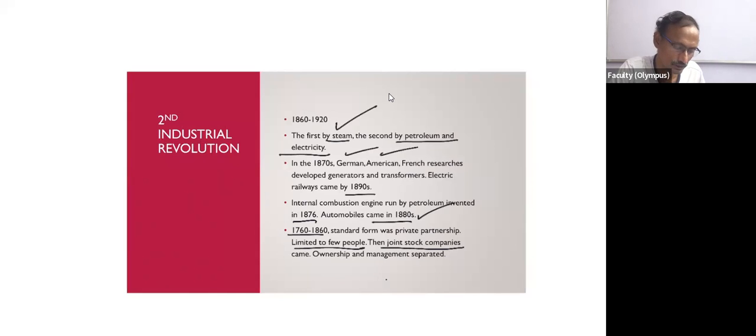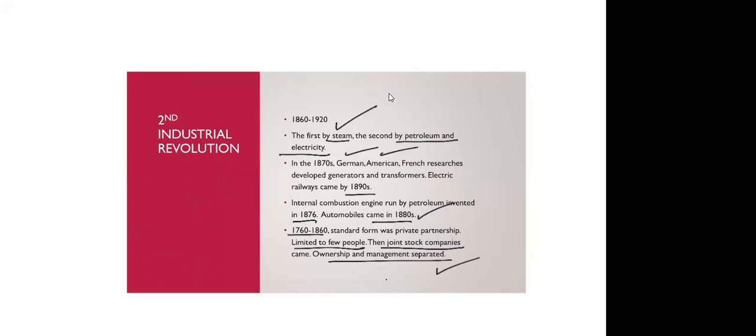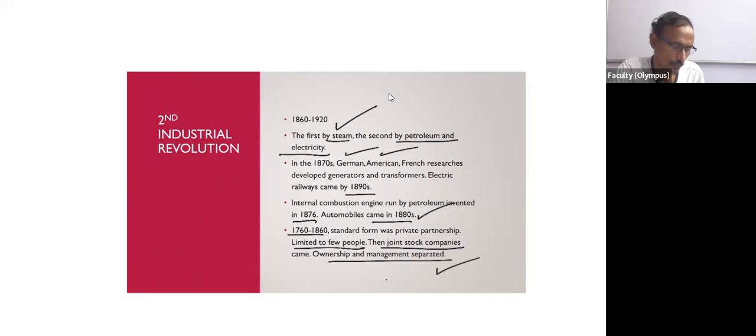But then joint stock companies came and ownership and management separated. And by the Second Industrial Revolution, leadership role shifted from Britain to Europe and the US.